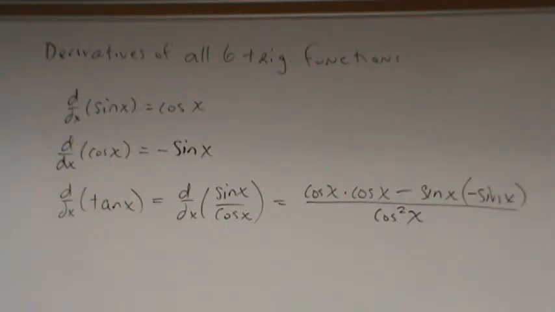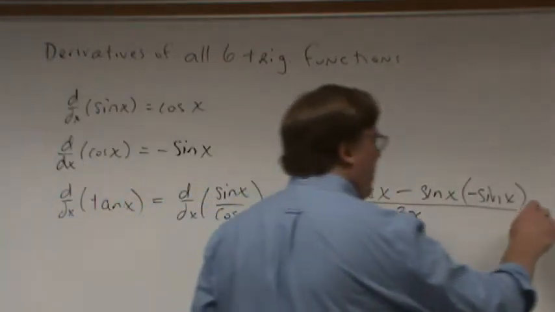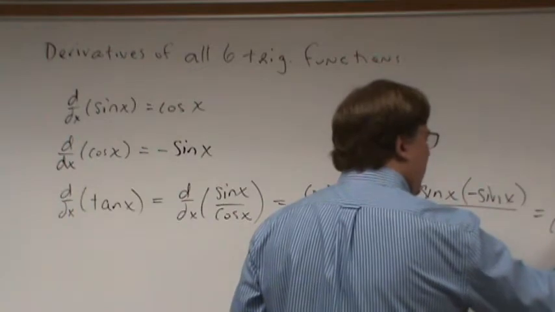What does the numerator magically become? Oh, 1. You guys okay with that? That the numerator is cosine squared plus sine squared, which is 1. So you end up with 1 over cosine squared of x.